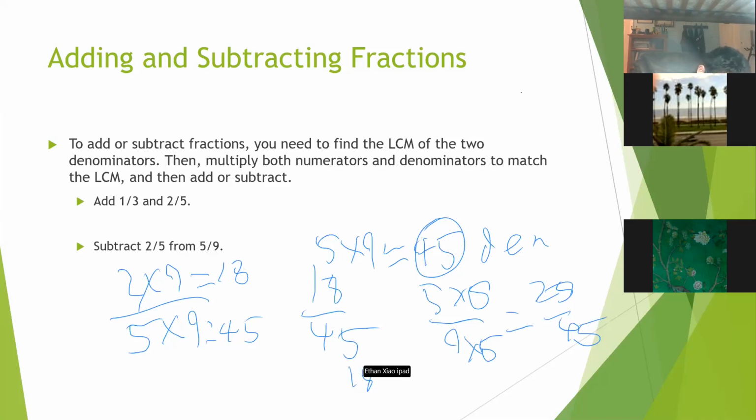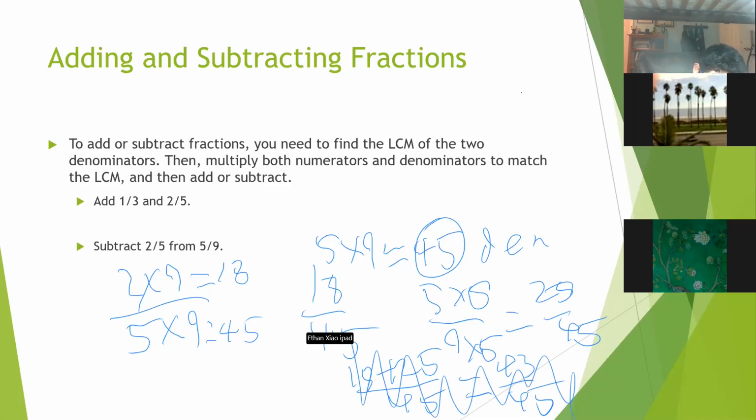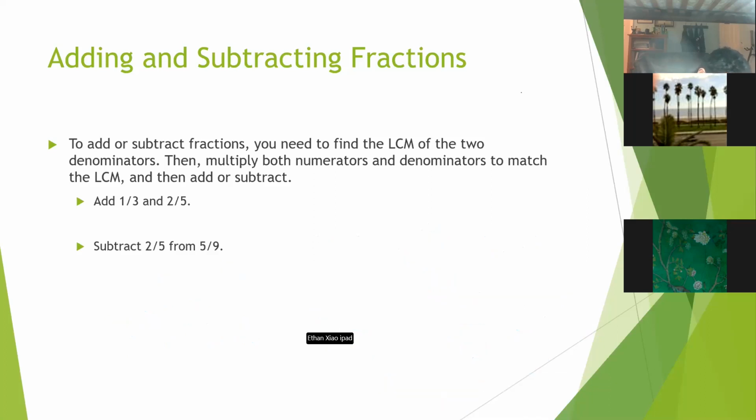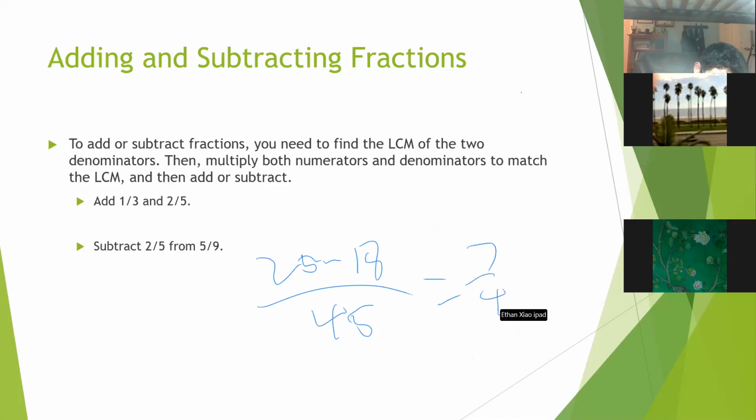So 18 plus 25 over 45 equals 43 over 45. So this is the answer. Oh, wait. Hold on. I got something wrong. We're subtracting. So 25 minus 18, we just subtract instead of add, over 45 equals 7 over 45. This is the answer.